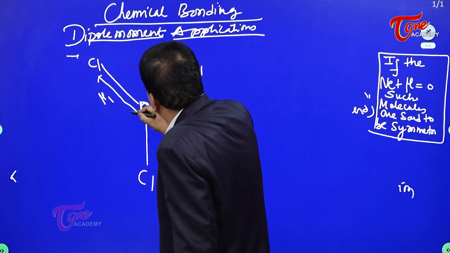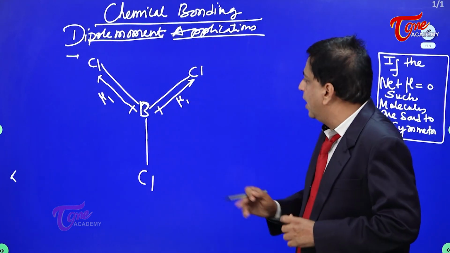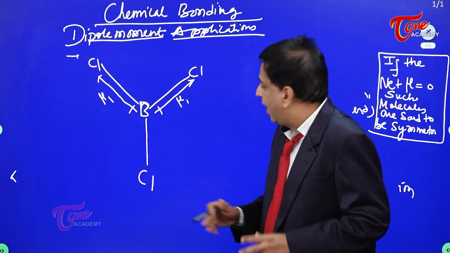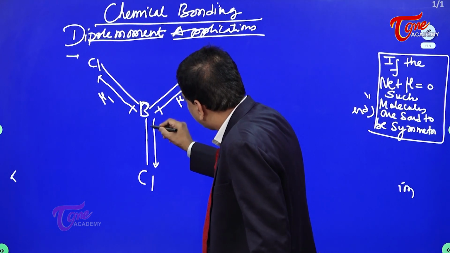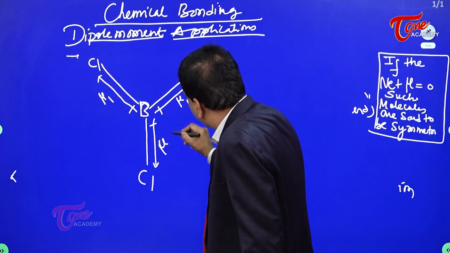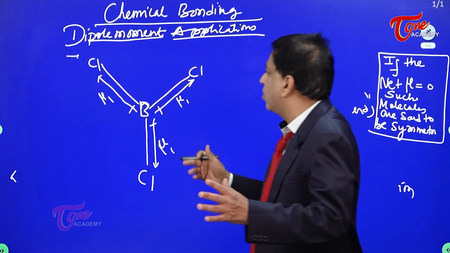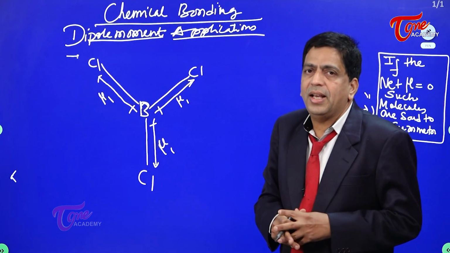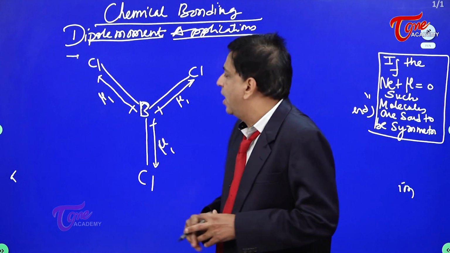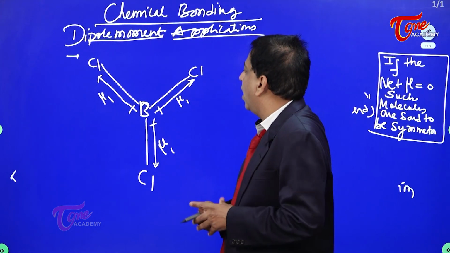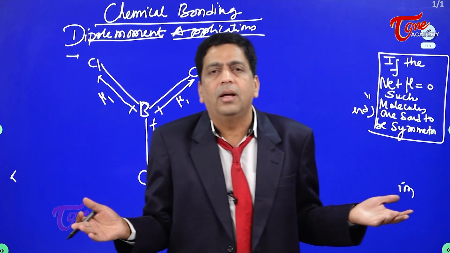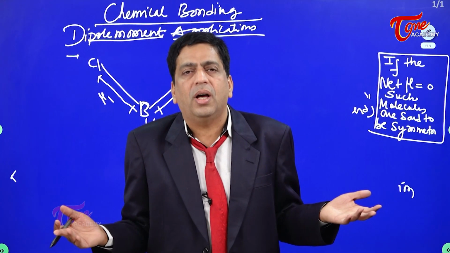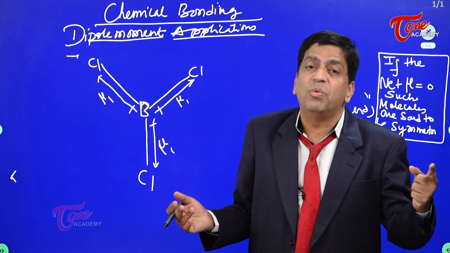Now let us actually deal with these 2 vectors. And you have the 3rd vector. This is also mu1, because the bonds are same. Now how do we analyze as a mathematics student, I say this is polar, this is polar, this is polar. All the 3 bonds are polar, but sometimes net dipole moment would be 0.